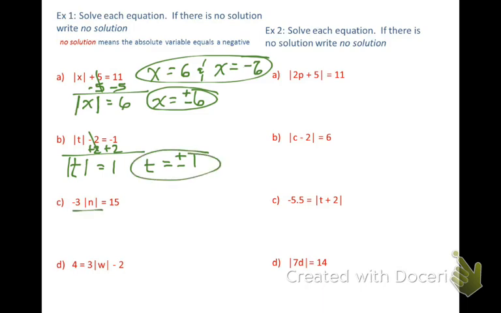C, I'm going to divide by -3. The absolute value is not by itself yet. Absolute value of n is -5. Here is where the absolute value is by itself, and it's smaller than 0, so that is a no solution.